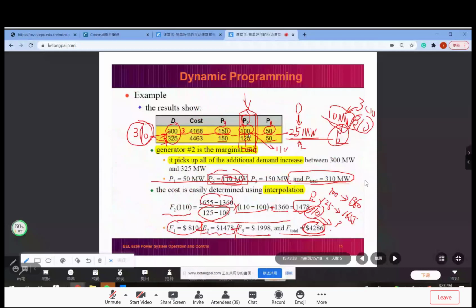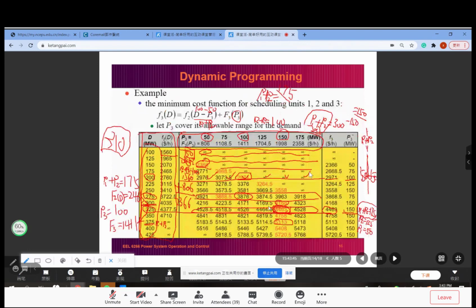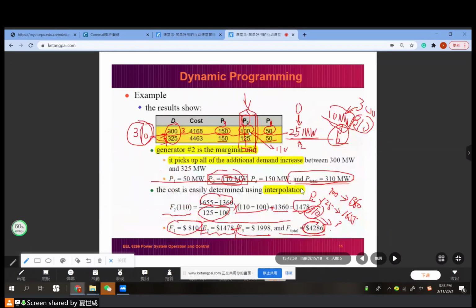If you find two generators change, you should compare. For example, maybe you have a solution here, one is here, and one is here. You should compare the two cases.